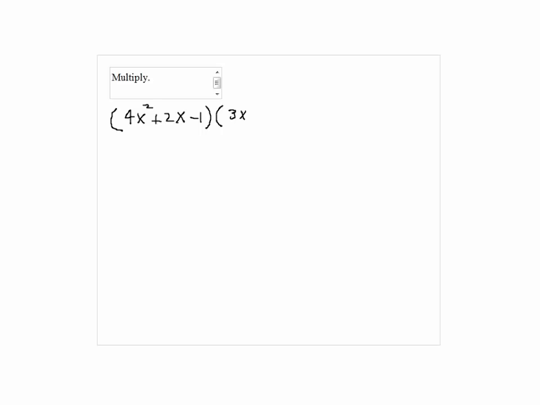Multiply 4x to the power of 2 plus 2x minus 1 and 3x plus 2.